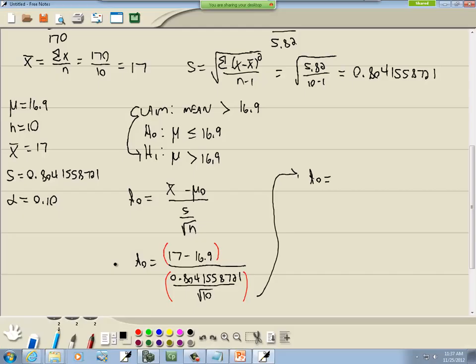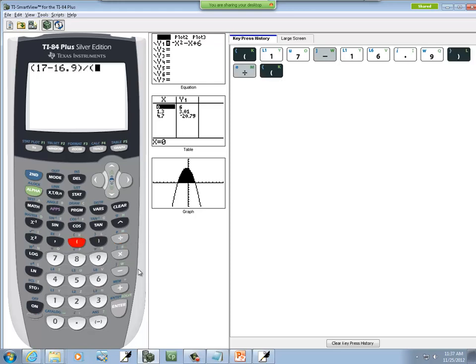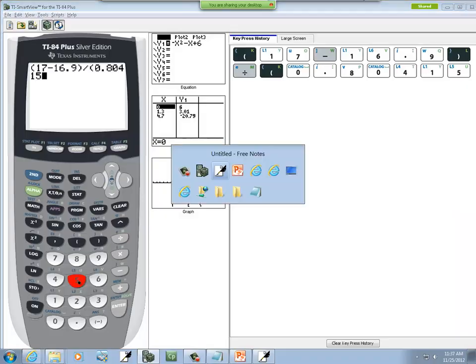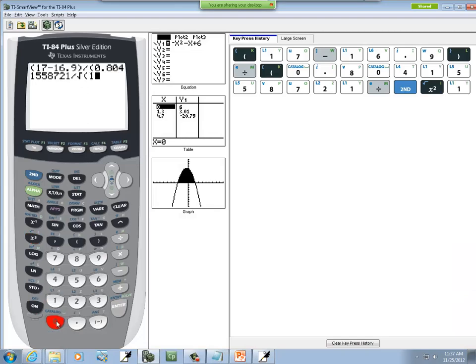I'll put a beginning parenthesis, 17 minus 16.9, close parenthesis, divided by, beginning parenthesis, 0.8041558721, divided by the square root of 10. Second x squared for the square root, then 10, and enter. We get 0.39.